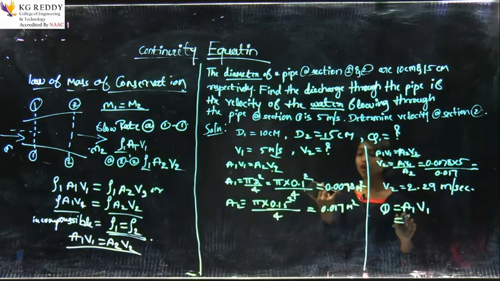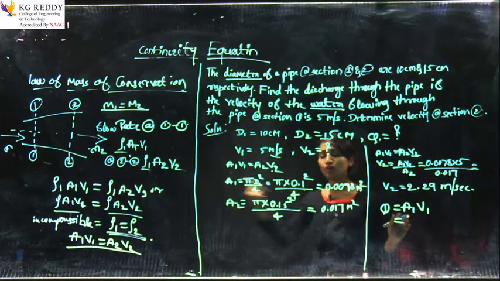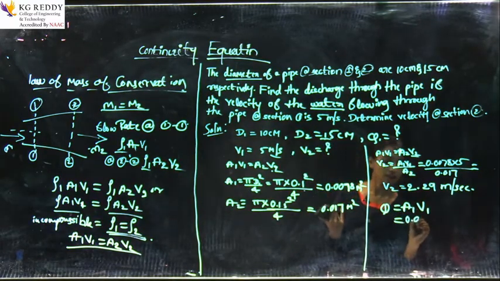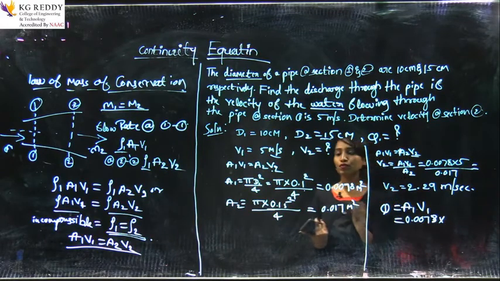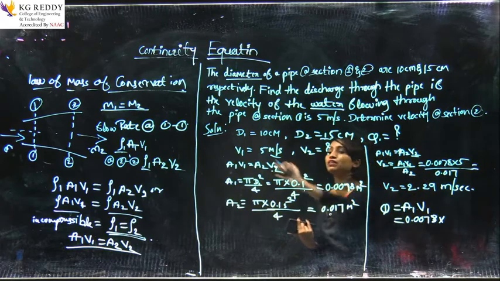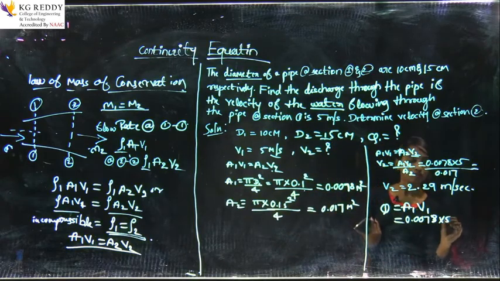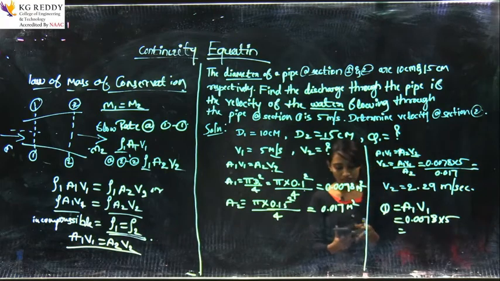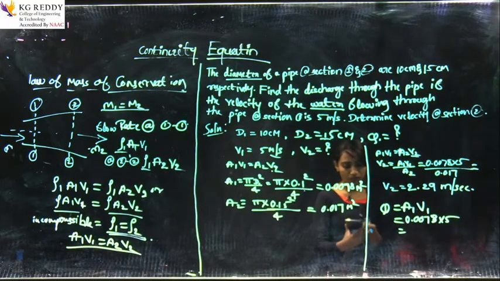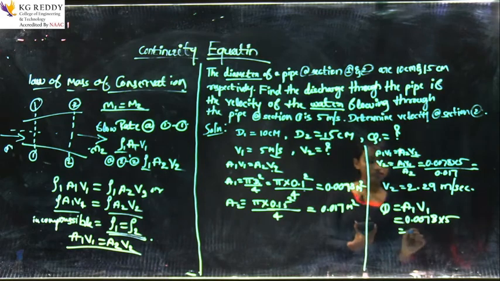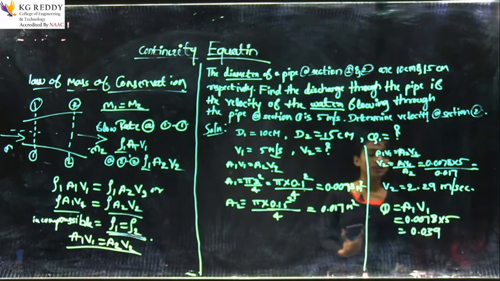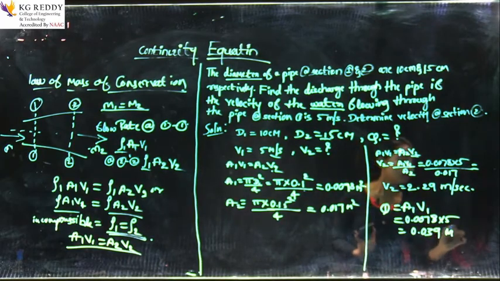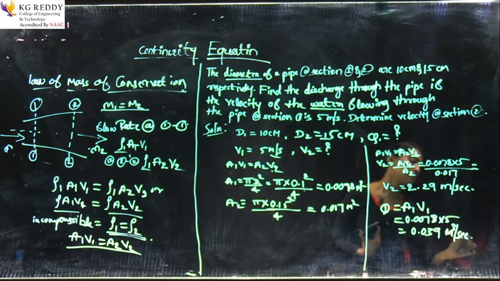The area at section 1 we know, that is 0.0078, into V1, already given, that is 5. Just calculate this, you will be getting 0.0078 into 5, that is 0.039. What is the unit? This is meter square and this is meter per second, so meter cube per second, this is the discharge.